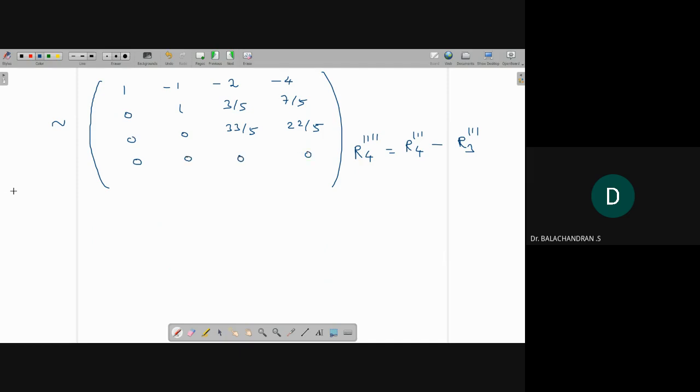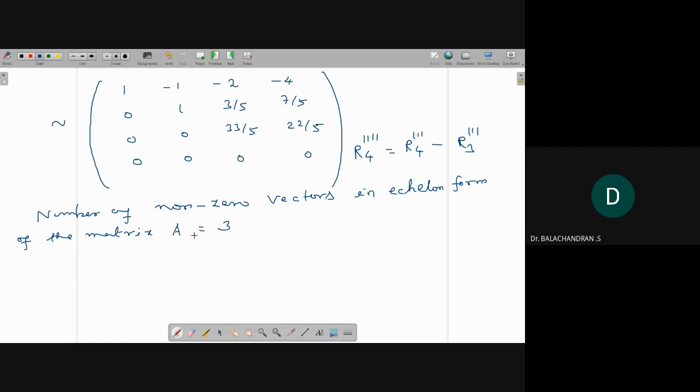So the number of non-zero vectors in the echelon form of the matrix A is 3, but we know that the number of given vectors is 4.